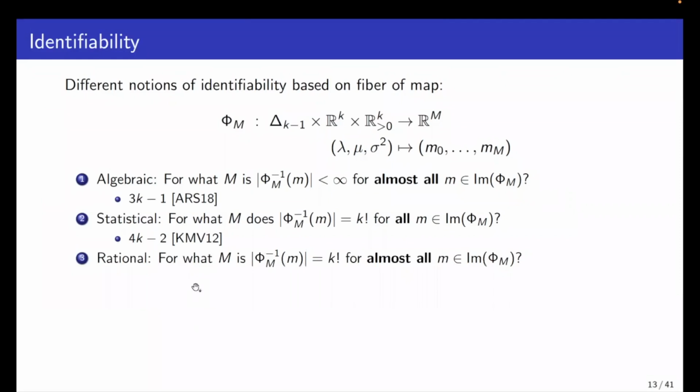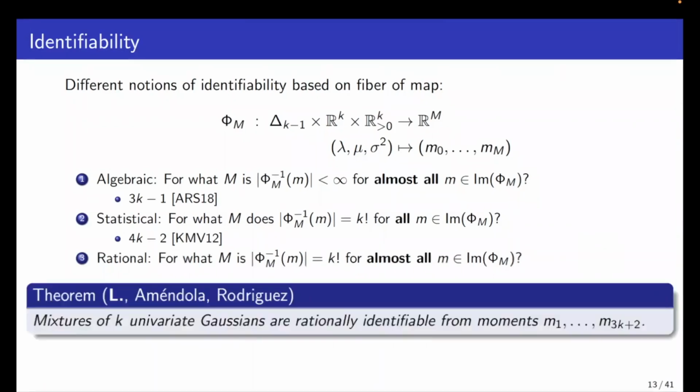What this asks is, what order moment do we need to go up to such that for a generic point in the image, the fiber above that generic point is equal to k factorial, which again is just 1 up to this label swapping symmetry. The first result that we were able to show says that mixtures of k univariate Gaussians are rationally identifiable using moments up to order 3k plus 2.